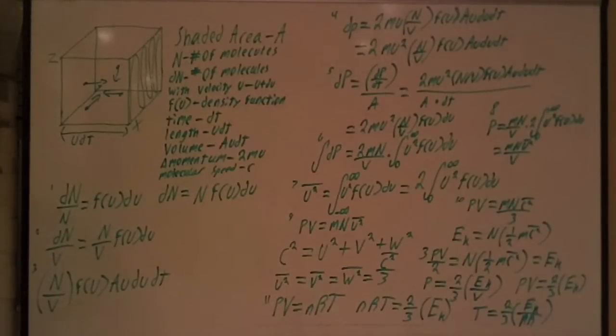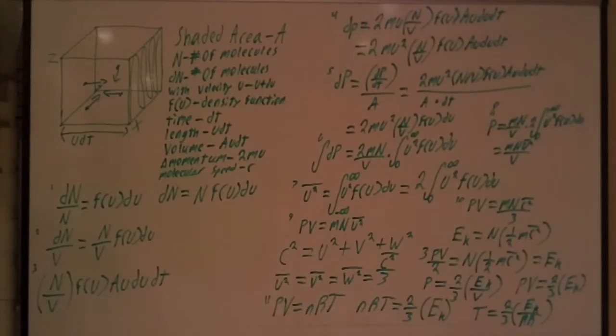The actual expression for f(u) is unimportant at this time and too complicated to explain. Therefore, we can figure out now what these numbers of molecules are by multiplying this side by n and this side by n to get dn equal to n times f(u) du.